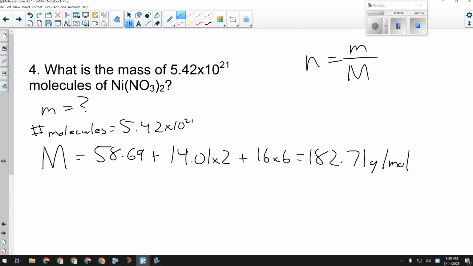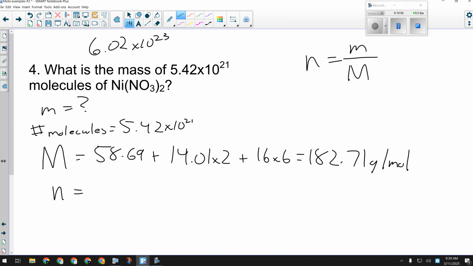I need to find mass and I don't have n, and I need it. But if I understand what I have, I have the number of molecules and I also have the number of molecules in 1 mole, so I should be able to use those two numbers together to get the number of moles. Number of moles, big number or small number? Small. The number of moles is going to be a small number compared to this one, always by comparison.